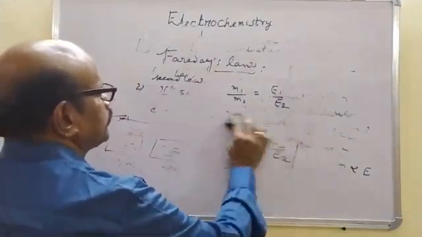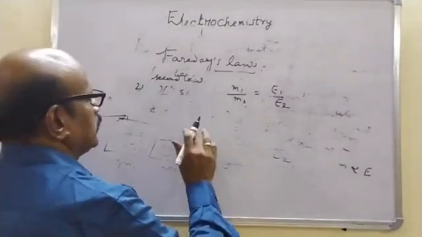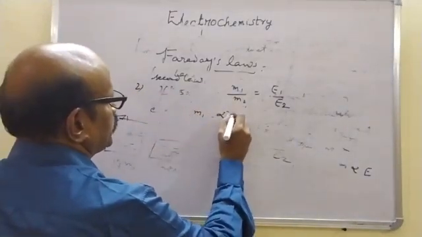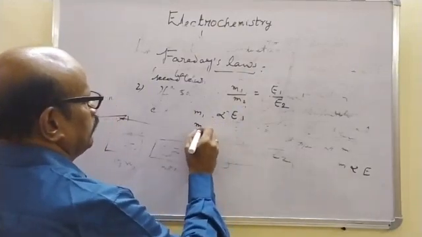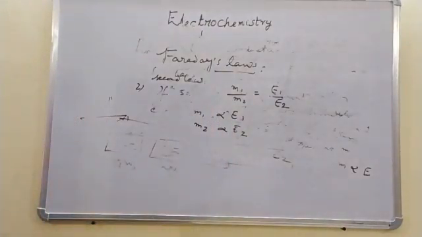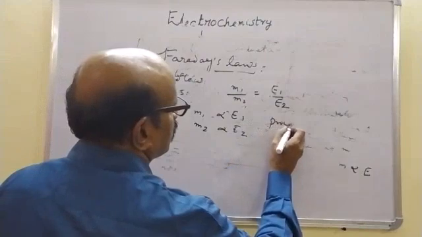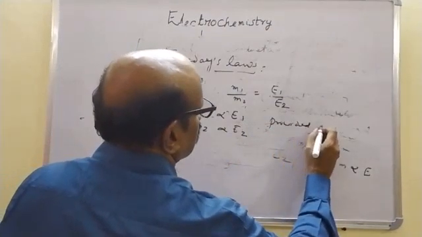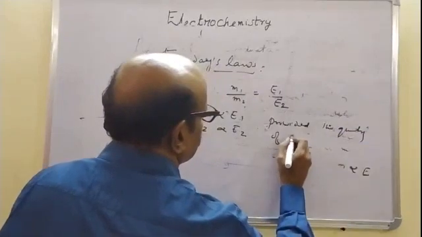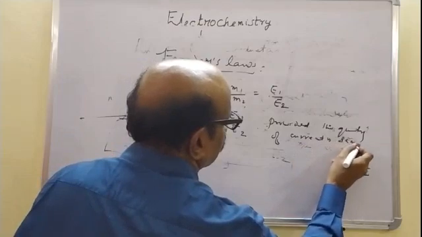Suppose you remember an argument like this. M1 is proportional to E1 and M2 is proportional to E2, provided the quantity of current is the same.